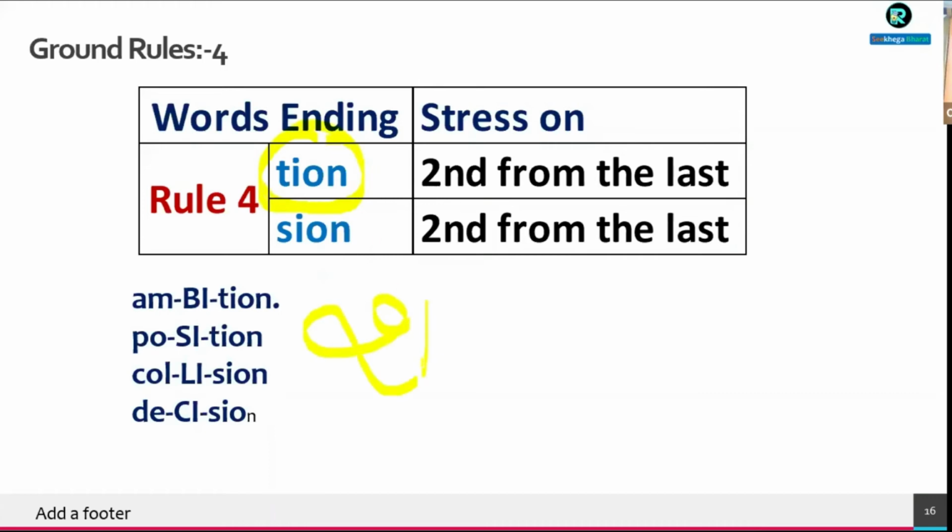The sound is shun. Or sion, again the pronunciation would be shun, all the time. Okay, when you find a word having shun in the end, we stress on the second syllable from the last.